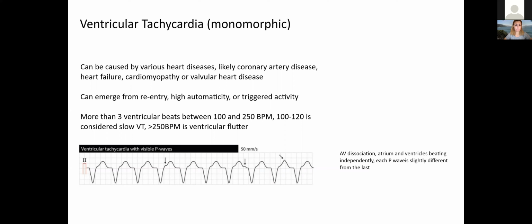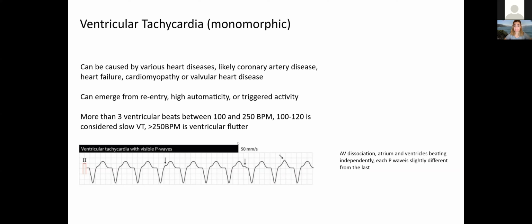More than 3 ventricular beats between 100 and 250 beats per minute is the basic requirement for anything that would fall under this. 100 to 120 is actually called a slow ventricular tachycardia, and above 250 beats per minute is considered ventricular flutter.